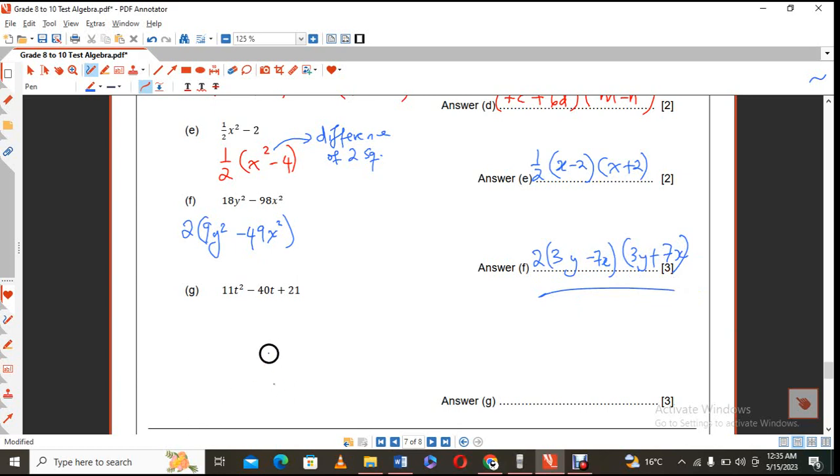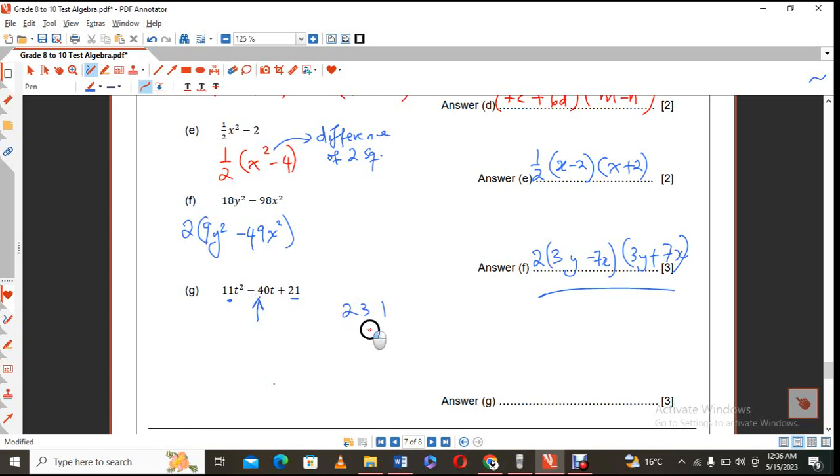When you do this multiplication, I'm going to multiply 11 times 21. 11 times 21 is 231. And I'm going to look for two numbers. If I multiply them, they give me 231, and if I add them, they give me negative 40.